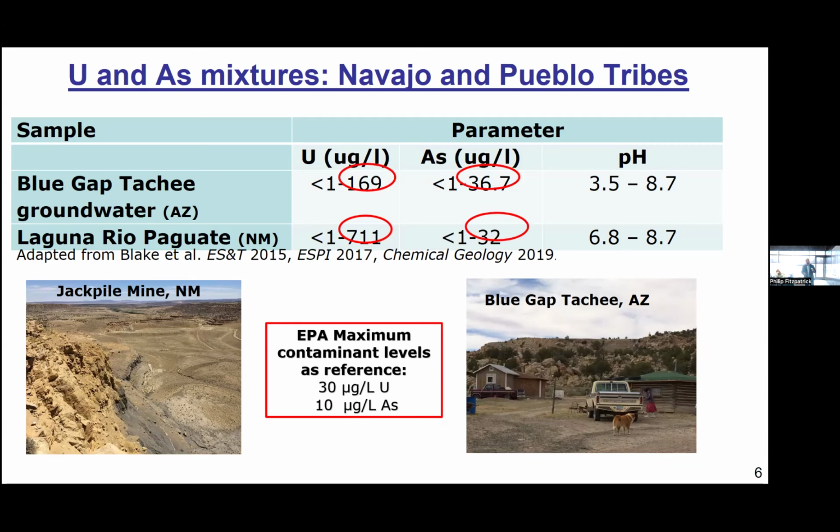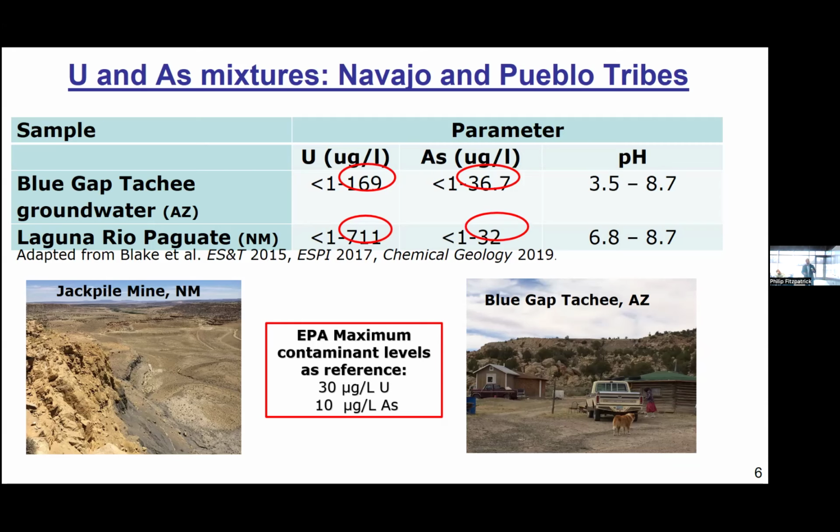And some of these occur at acidic pHs with acid mine drainage. And sometimes you have to deal with well-buffered waters at pH 8 or closer to 9, I'd say. Just so you see the range of complexity that we have to deal with.